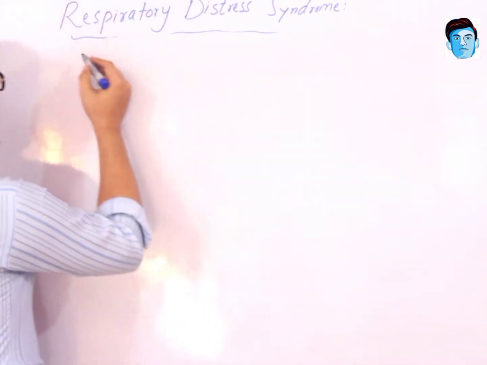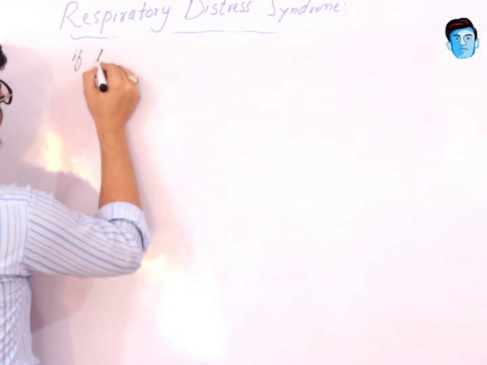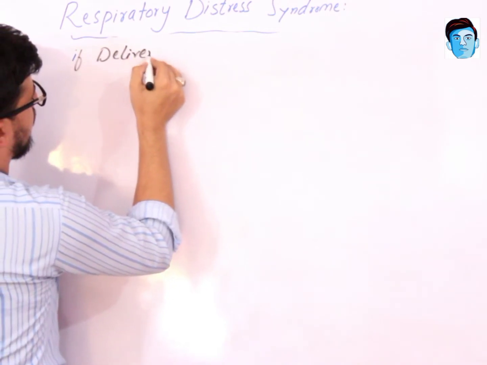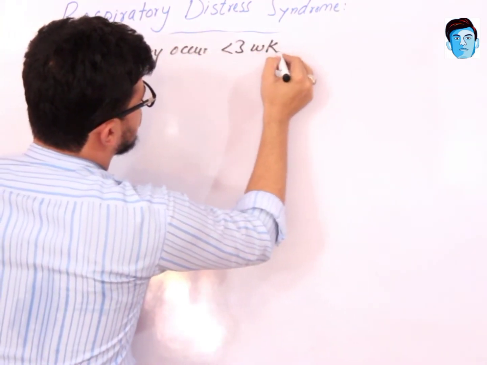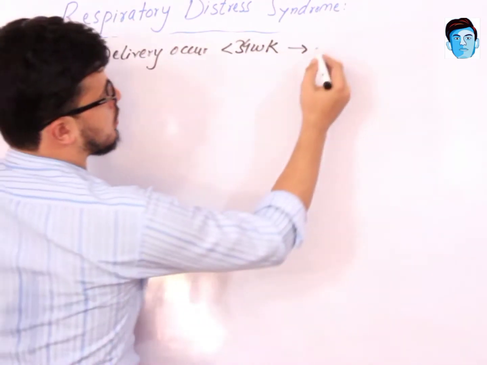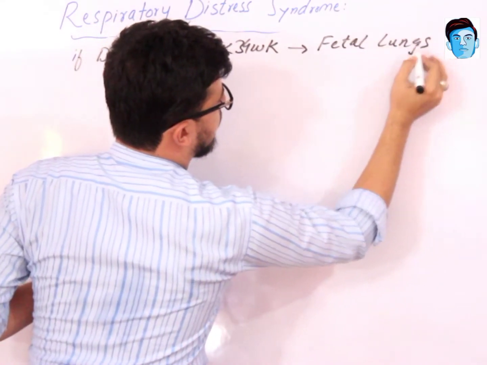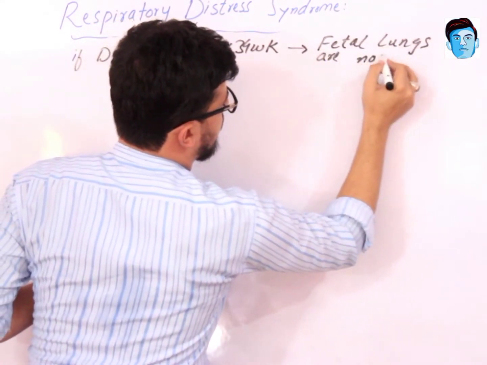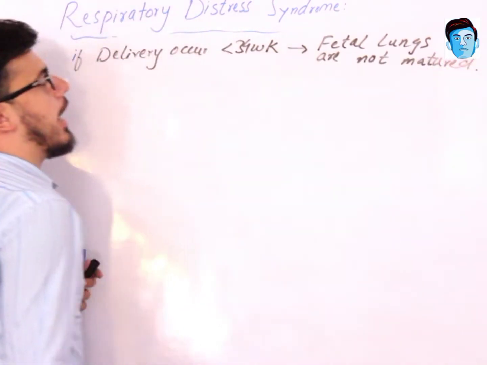So if delivery occurs before 34 weeks, in that condition the fetal lungs are not matured. So what would we be doing in that circumstance?